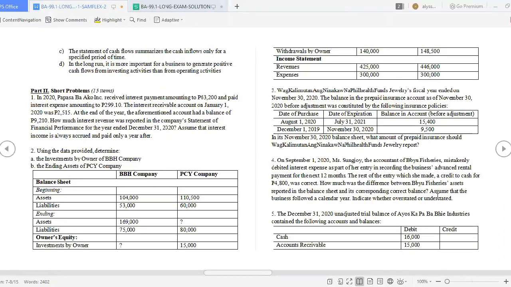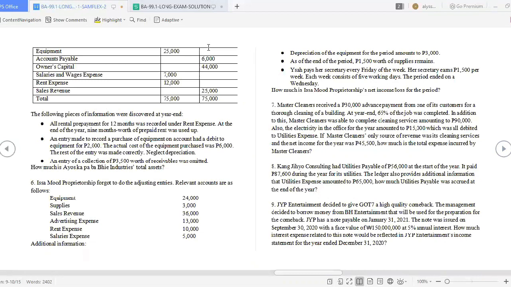Next, number 5. So in December 31, 2020, unadjusted trial balance of IS Kapabab Industries. We have cash, accounts receivable, equipment, and the others. So what we're looking for here is how much is IS Kapabab's total asset.